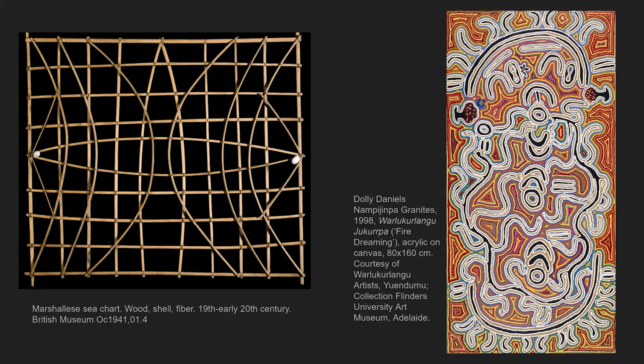On the left, what we have is a sea chart that Marshallese Islanders were using from the 19th to the early 20th century. What this is representing is these two seashells on the left and the right, the farthest left and farthest right, are islands. And what's actually being represented by these curved pieces of plant matter is the way waves break around islands.